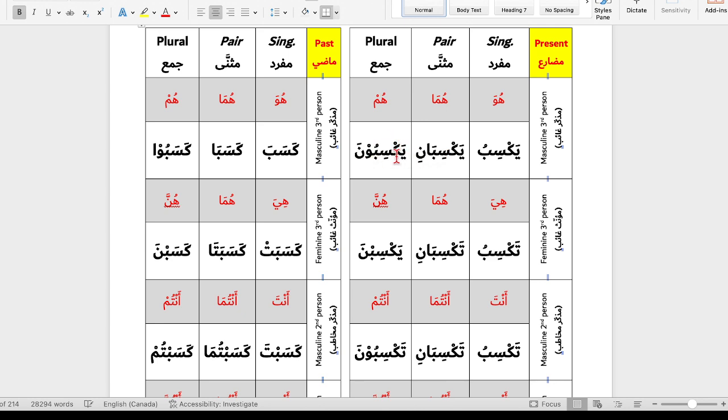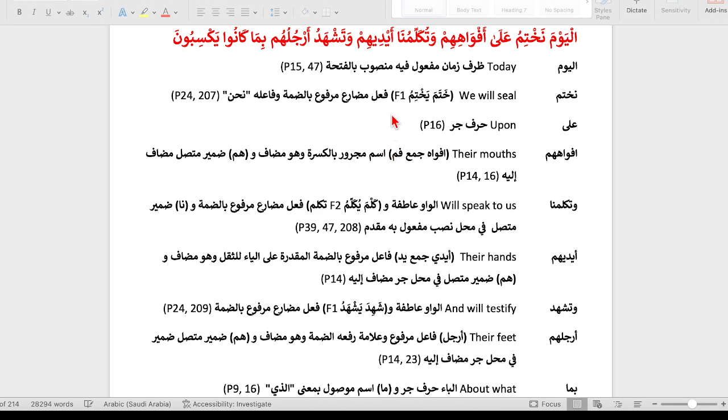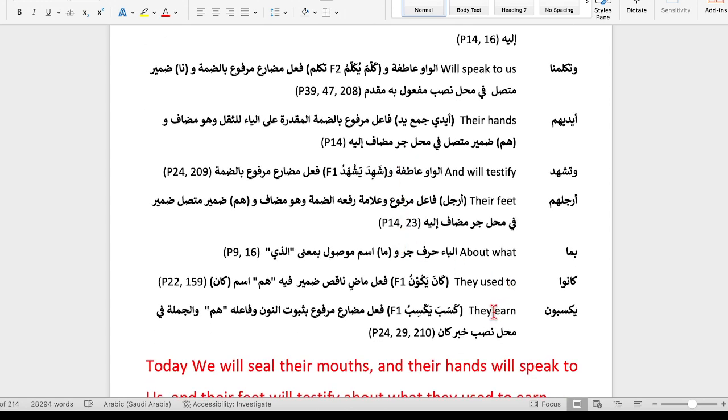If it is antum, this is going to be taksibuna. But it's yaksibuna, they earn. If it's taksibuna, then it means you earn. You all, they all is plural.